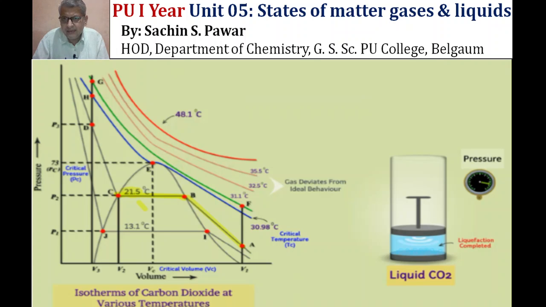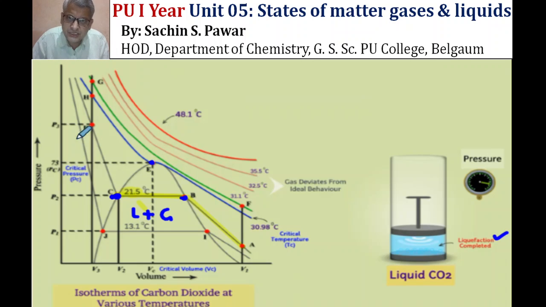He found that there is liquid and gas also. So at 30.98 the liquefaction started at point E, and here up to point C the liquefaction completes. From point B to C, pressure is not changing, but the volume is changing abruptly, and the liquefaction is completed at point C.